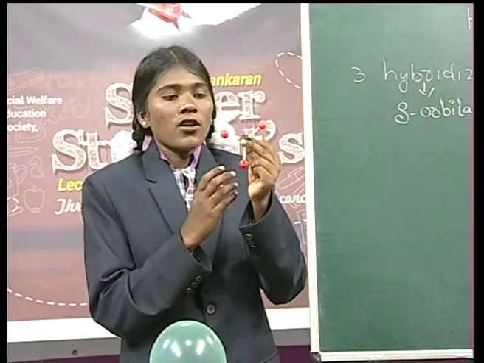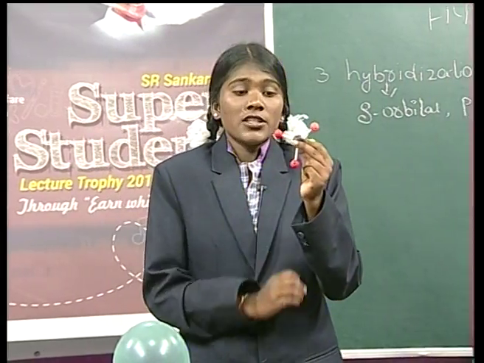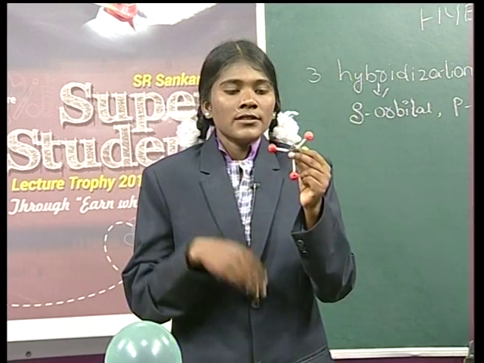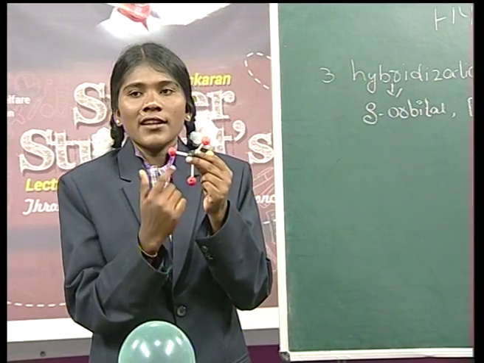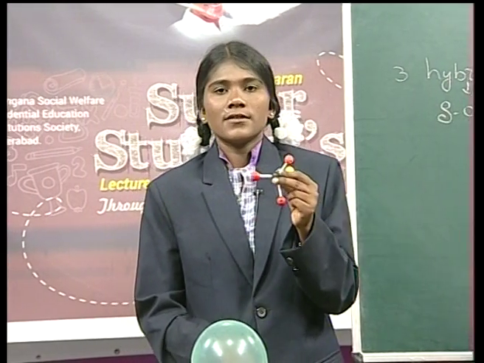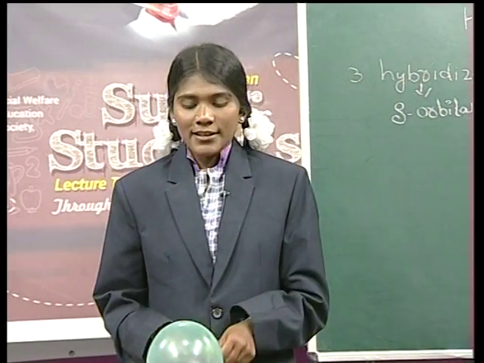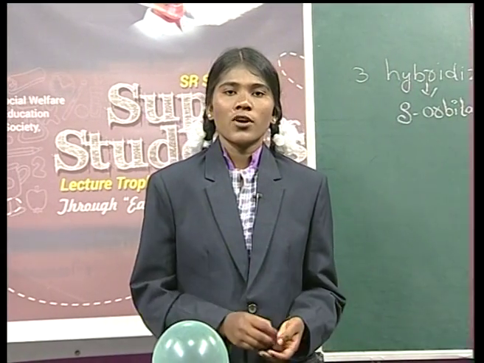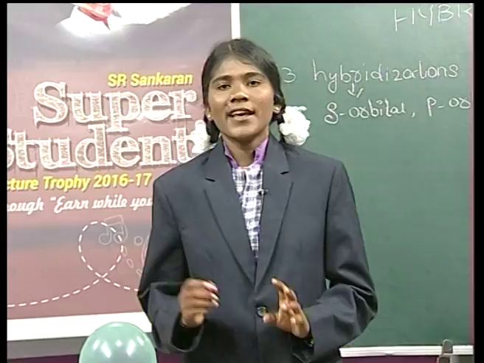The shape is tetrahedral. And are you able to find what is the bond angle here? 109.5 degrees. I think you understand very well what is meant by sp hybridization, sp2 hybridization, and sp3 hybridization.